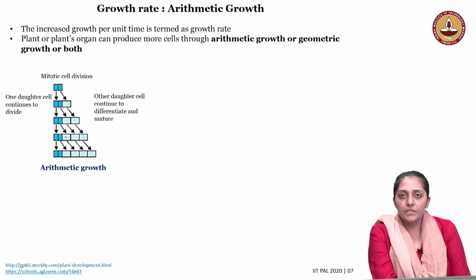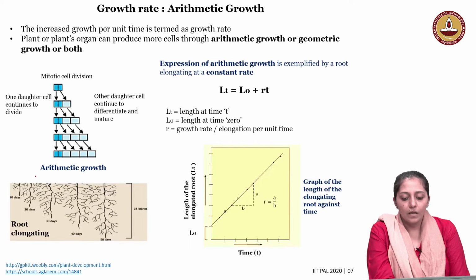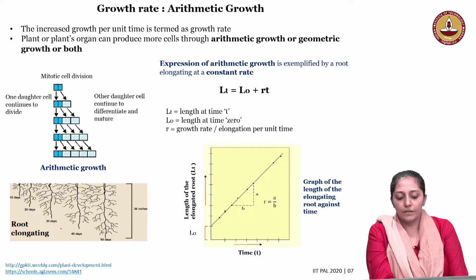This maturity happens because of its differentiation and gets added up to plant tissue or plant organ as per requirement. For example, in root elongation, there is a picture which shows the root growth at 10, 20, 30, 40 and 50 days interval.